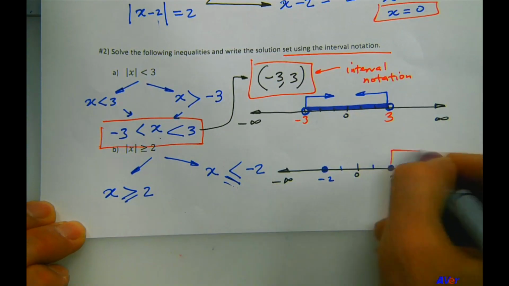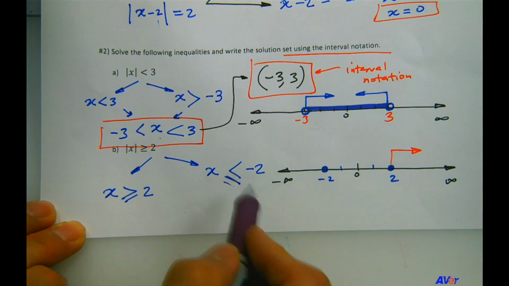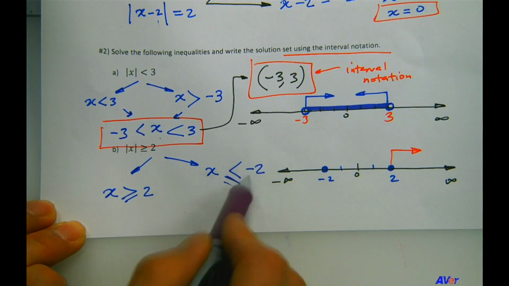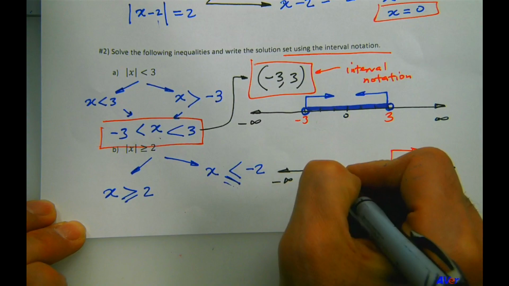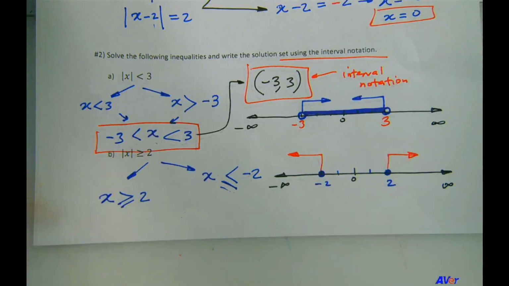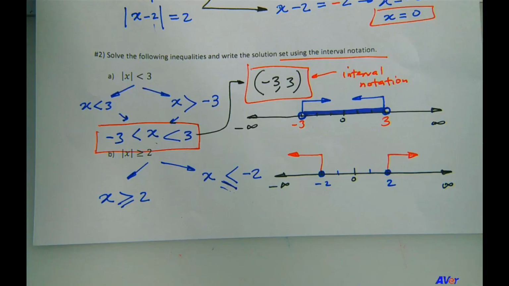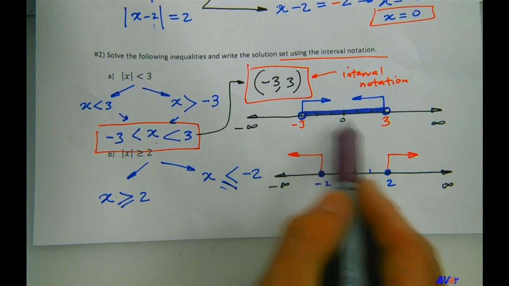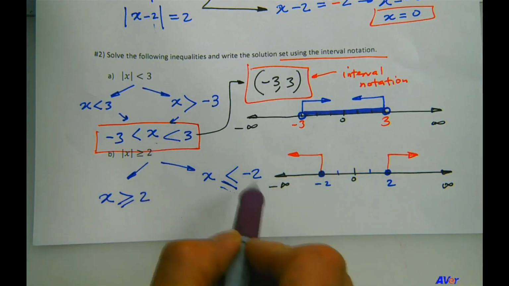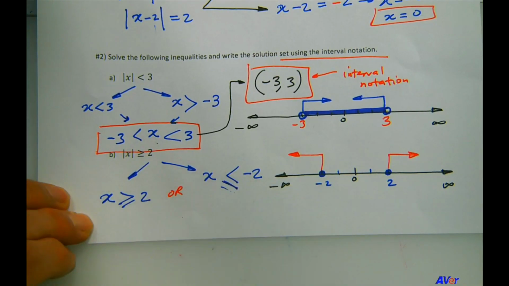That means go this way. Right? X greater than or equal to 2 is that. This one says no, x has to be less than or equal to -2. So this says go this way. So what's the solution then? The solution is the union of those two pieces. So it's this or that.